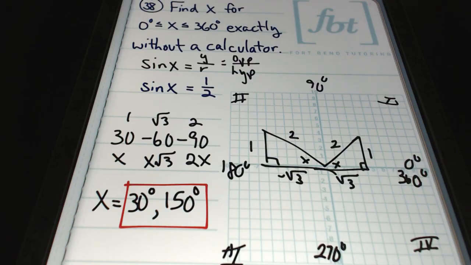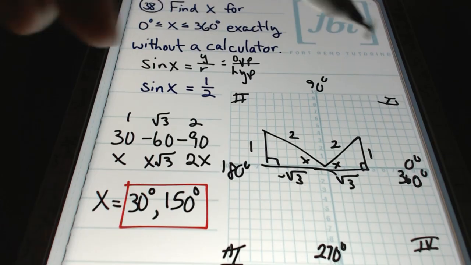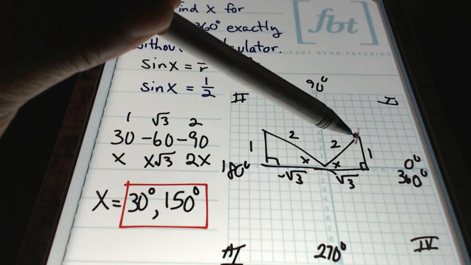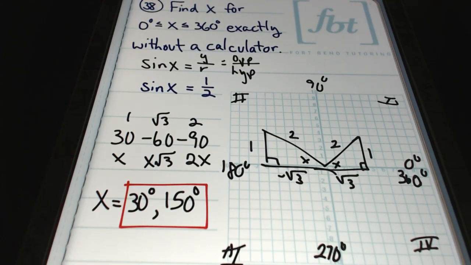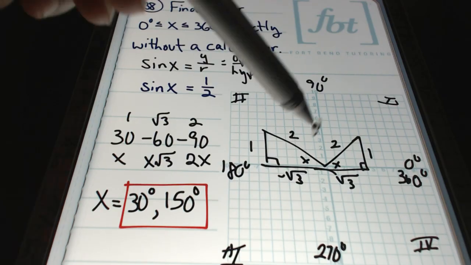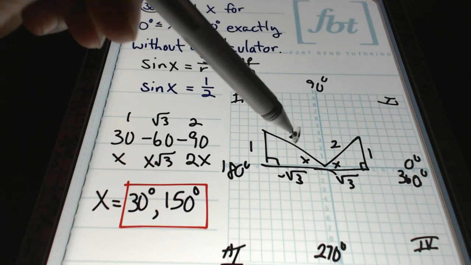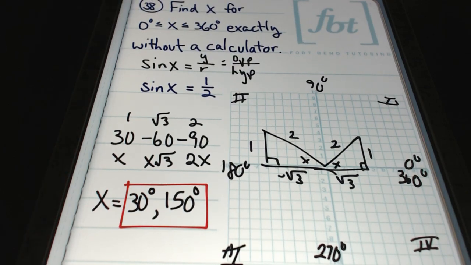We had to find out all the angle measurements that occurred where sine would be 1/2 within 0 degrees to 360 degrees. So yes, it happens at the 30 degree mark, and also here you're going to be at 150 degrees as well. That's right. Done and done.